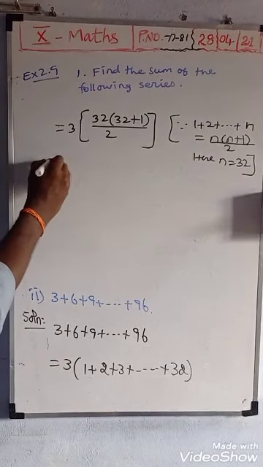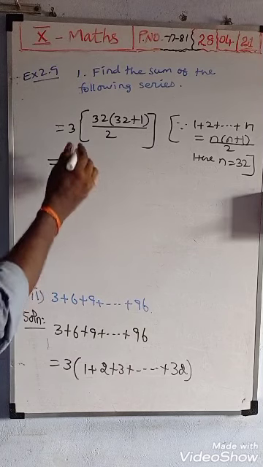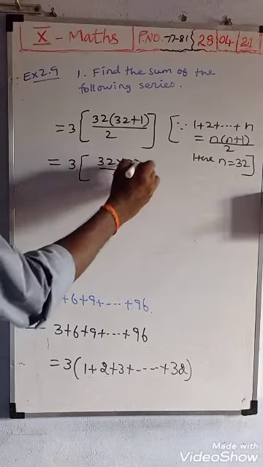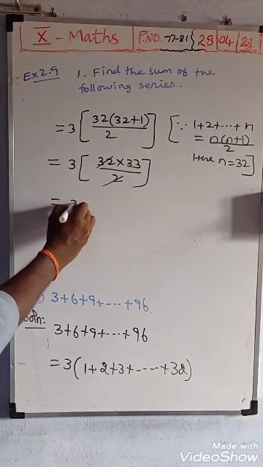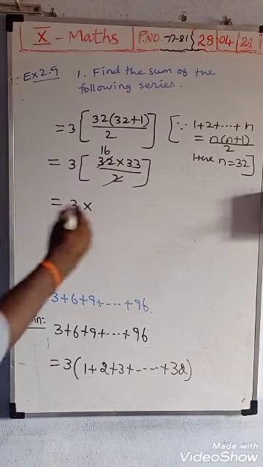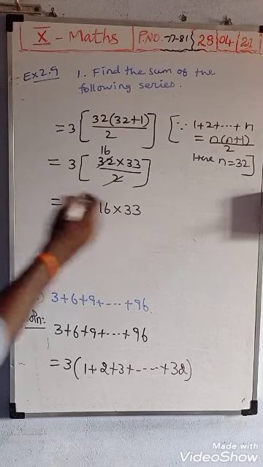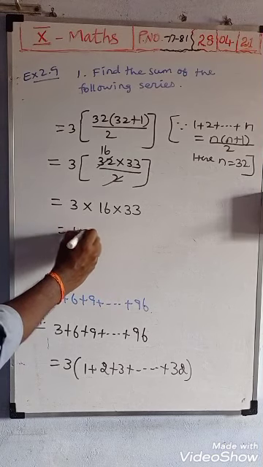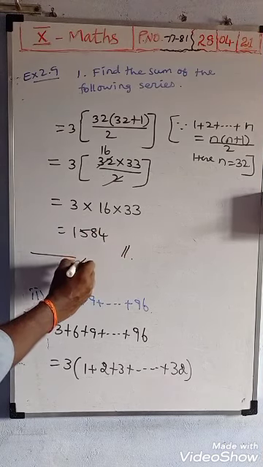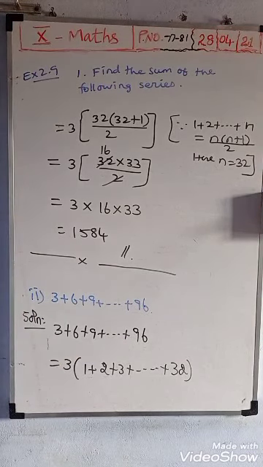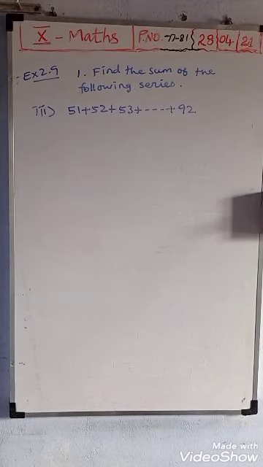We can apply the formula because the bracket starts with 1, 2, 3 natural numbers. Now 3 of 32 into 33 divided by 2. Cancelling the 2, 16 twos are 32, so 3 into 16 into 33. Multiplying these gives 1584. Therefore the sum of 3 plus 6 plus 9 plus up to 96 is 1584.